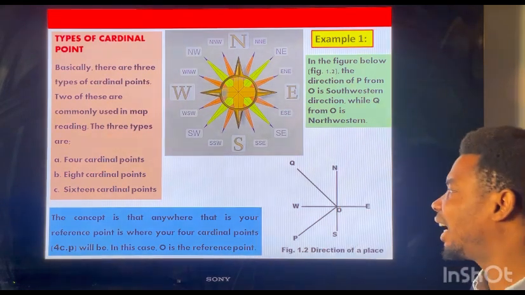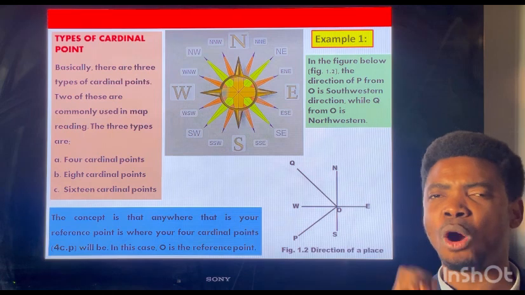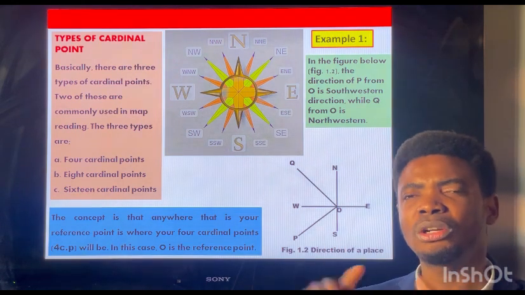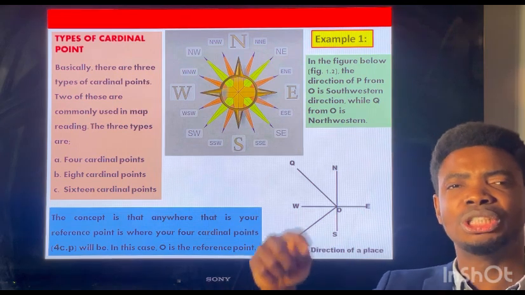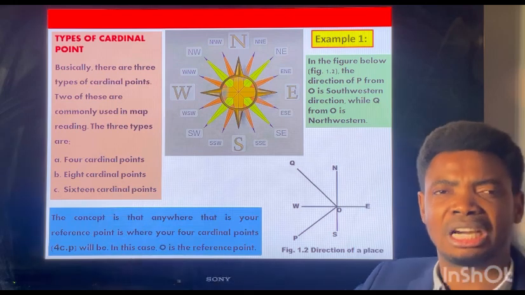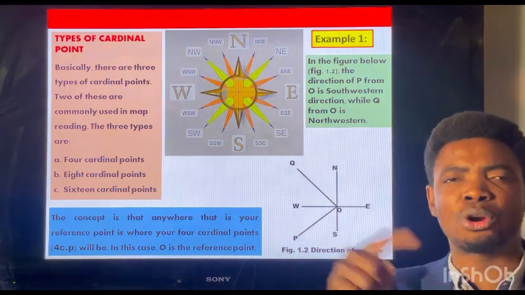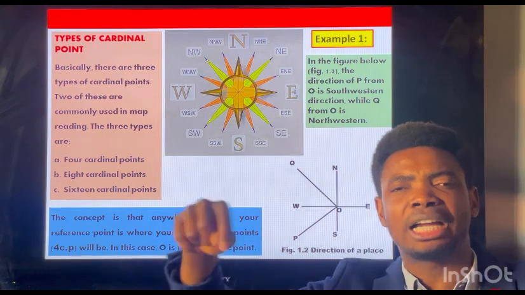So the idea here, the concept is that when you hear the direction of, the word of is telling you what you need to determine. Then when you hear from, it is telling you where you need to put your cardinal point.